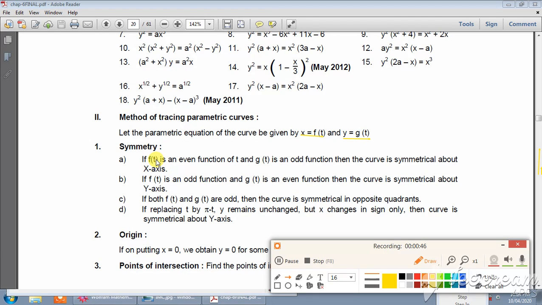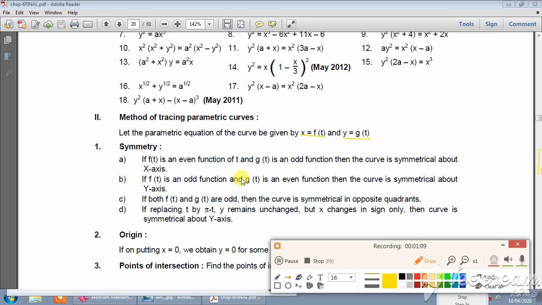If x is even and y is odd, that is, f of t is even and g of t is odd, then the curve is symmetrical about the x axis. On the other hand, for checking symmetry about the y axis we have two criteria. The first one: if x is odd and y is even, it is symmetrical about the y axis.